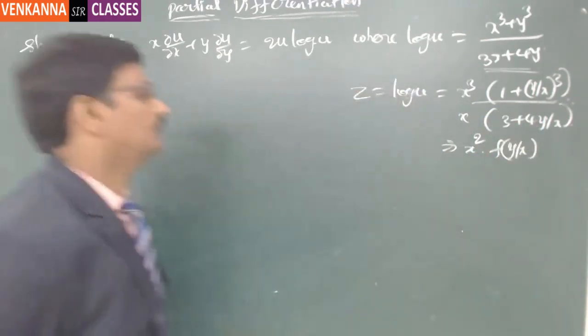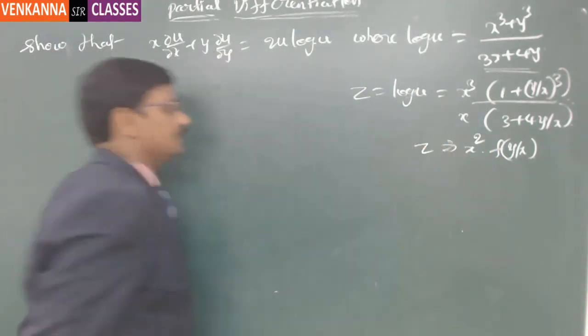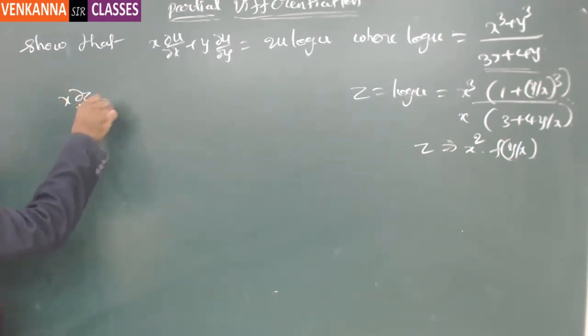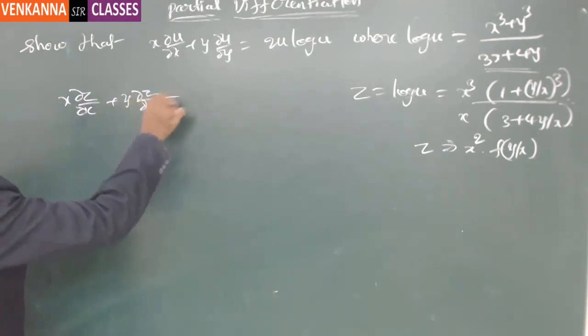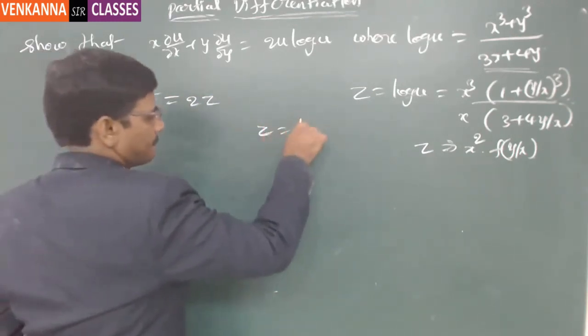Then for this function z, x ∂z/∂x plus y ∂z/∂y is equal to 2 times z, but z is equal to log u.